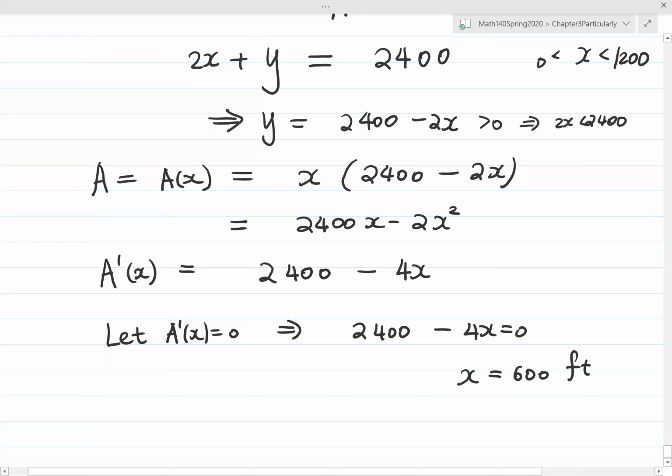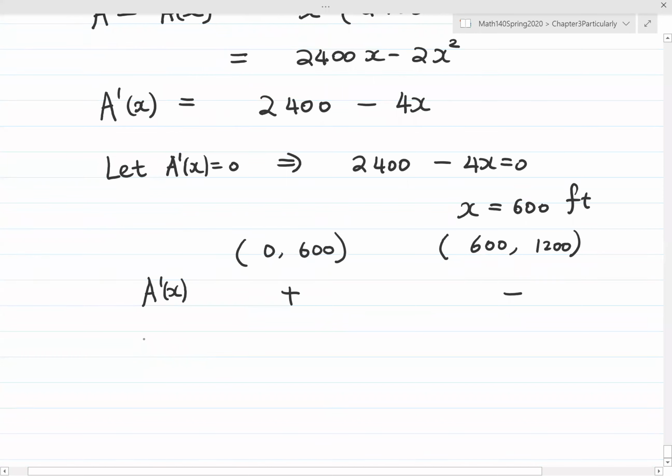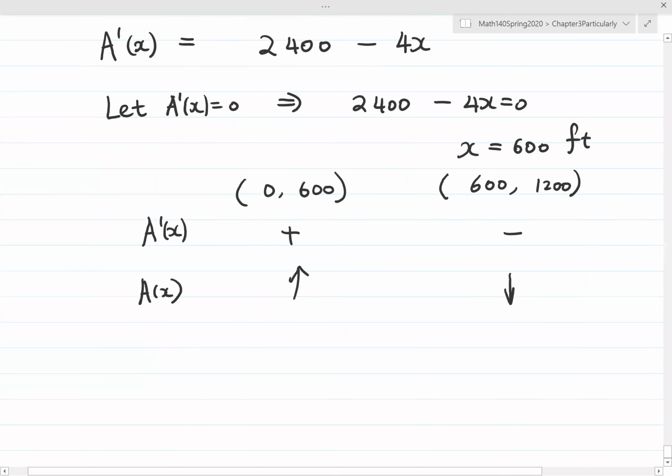Now the intervals are 0 to 600 and 600 to 1,200. Checking the derivative, it is positive on the first interval and negative on the second. So A is increasing, then decreasing.